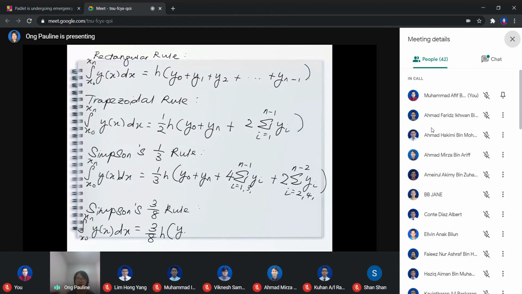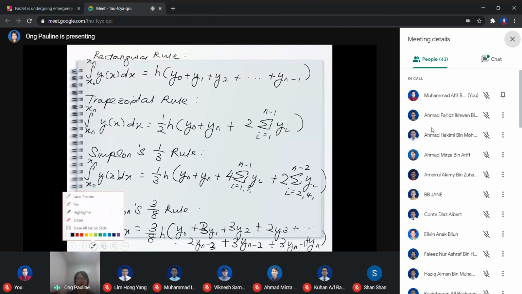I have the starting and the ending, and for the intermediate terms, we have the pattern 3, 3, 2, until we end up with 2, 3, 3. So this is the equation that we can make use of for the rectangular rule, trapezoidal rule, Simpson's 1 over 3, and Simpson's 3 over 8.